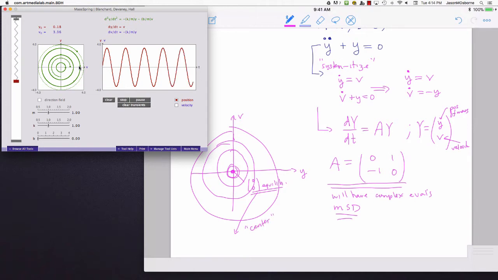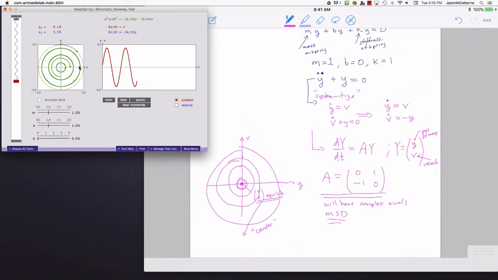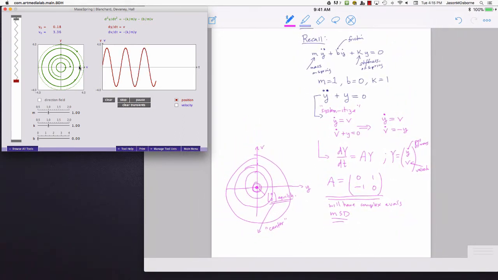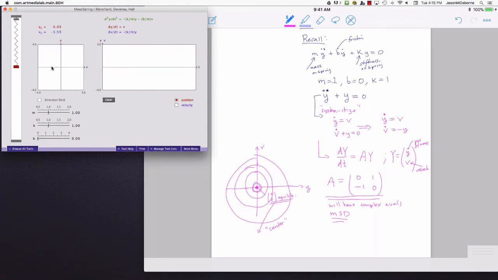Okay. So this is the context in which we have to consider complex eigenvalues, because they occur in the very special and important case of a mass on a spring. Anytime you have a mass on a spring, you will have complex eigenvalues.